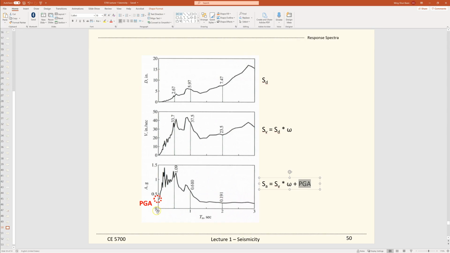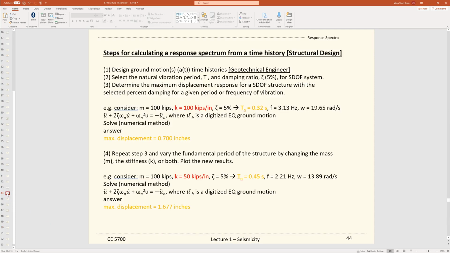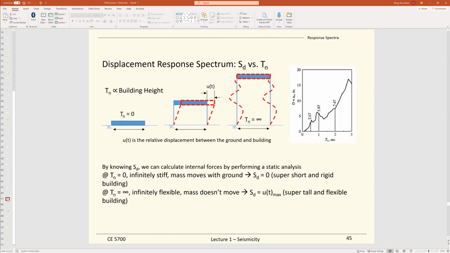And at the lateral period of zero, this is offset by the peak ground acceleration. PGA stands for peak ground acceleration. That's another very important parameter. It is offset by that because if the lateral period T sub n is equal to 0, it's just like what we have mentioned before: we have a super stiff, infinitely stiff system.